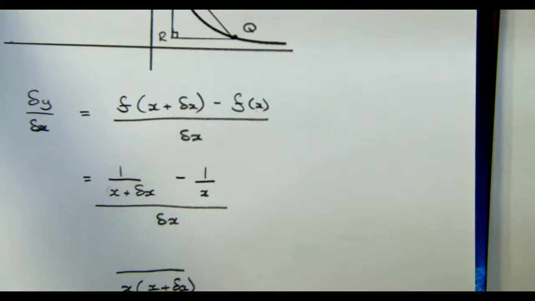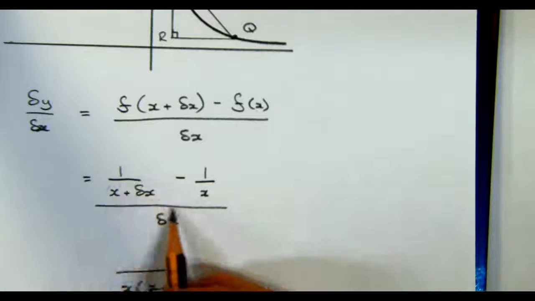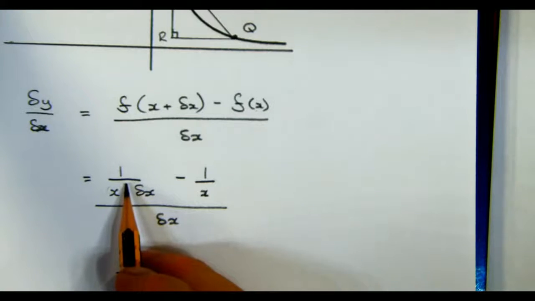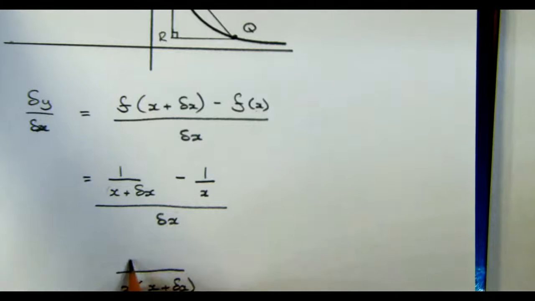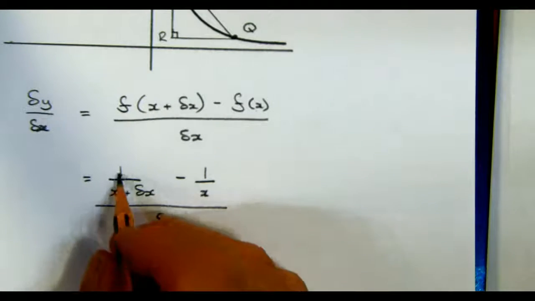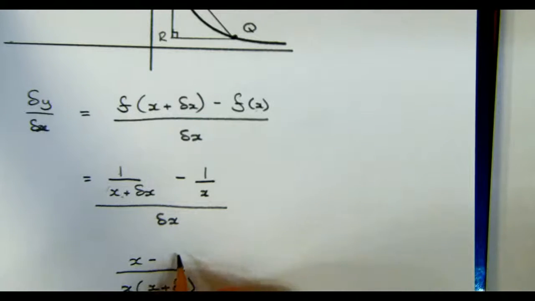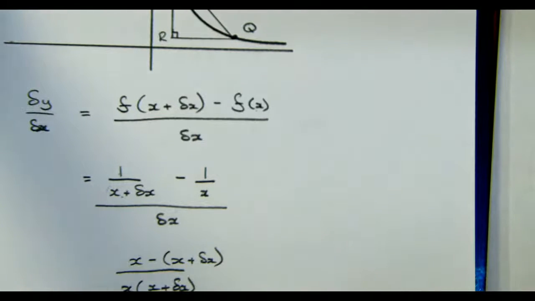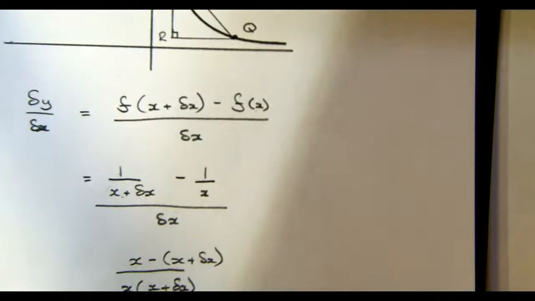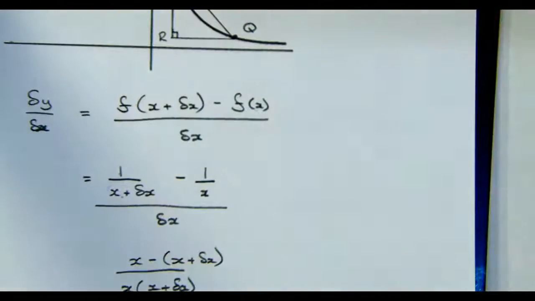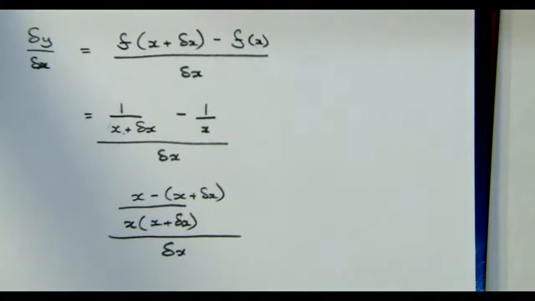I ask, what am I doing to this to get that? So this is going to be x minus, multiply this one up, which is going to be x plus delta x. Here's your reminder. And all that is going over delta x.